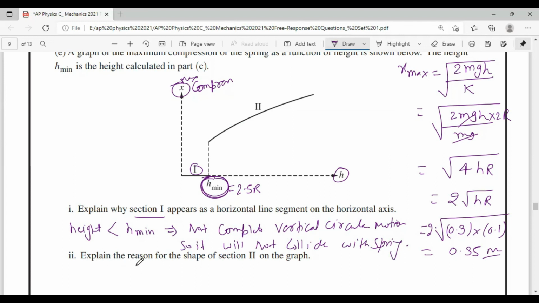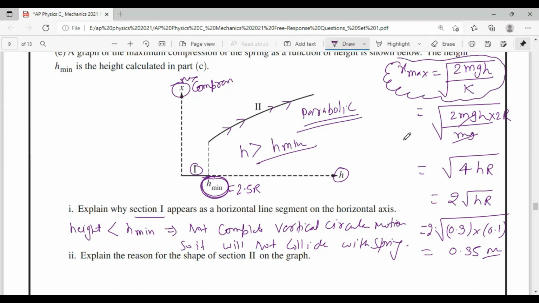Explain the reason for the shape of section 2 of the graph. In this section h is greater than h minimum, so it completes the vertical motion and collides with the spring. So there will be a compression. But why is its shape like a parabola? It is a parabolic graph, not a straight line. Again, we have the relation between x and h.